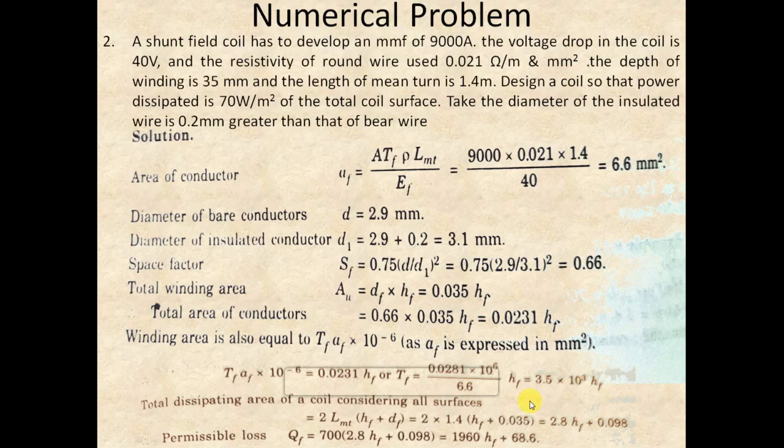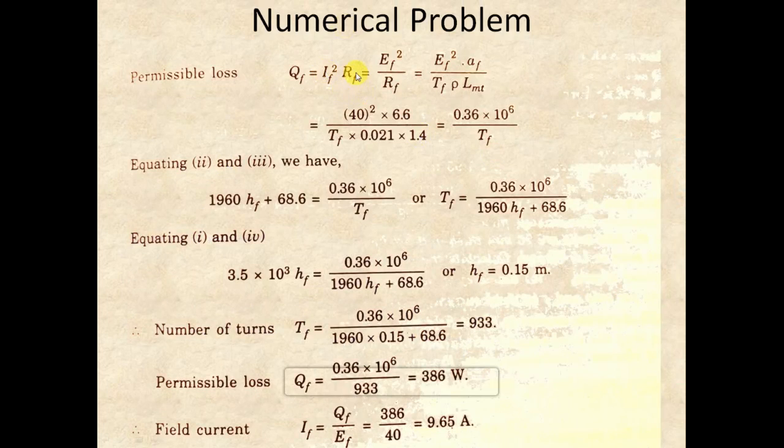The second relation is depending on the total loss which is being dissipated from the total coil surface. Here it specifically mentioned total coil surface. So we have to find total coil surface first. The relation for total coil surface area is 2 into length of mean turn into HF plus DF. So by multiplying this total surface area with the heat dissipated per unit area, we will be able to get the total loss from this surface in terms of HF. And another equation of QF is IF square RF.